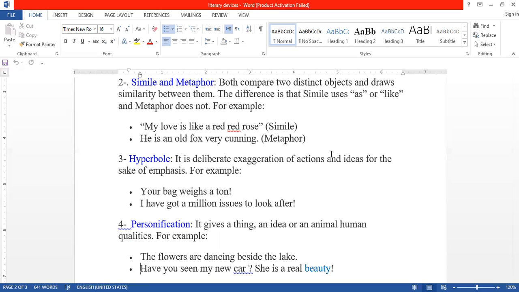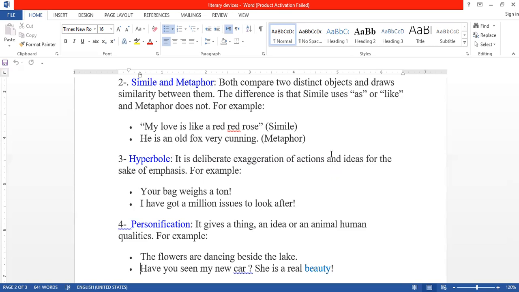The difference is that a simile uses as or like, and a metaphor does not. For example, my love is like a red, red rose.